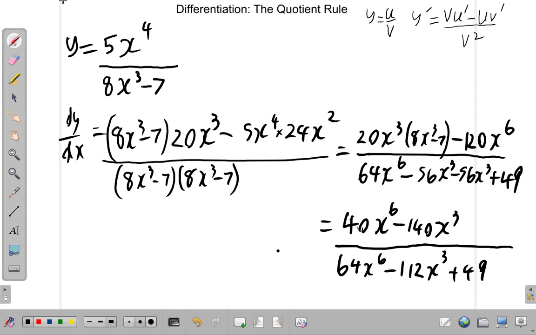In our previous video, we differentiated y equals 5x to the fourth over 8x cubed minus 7.